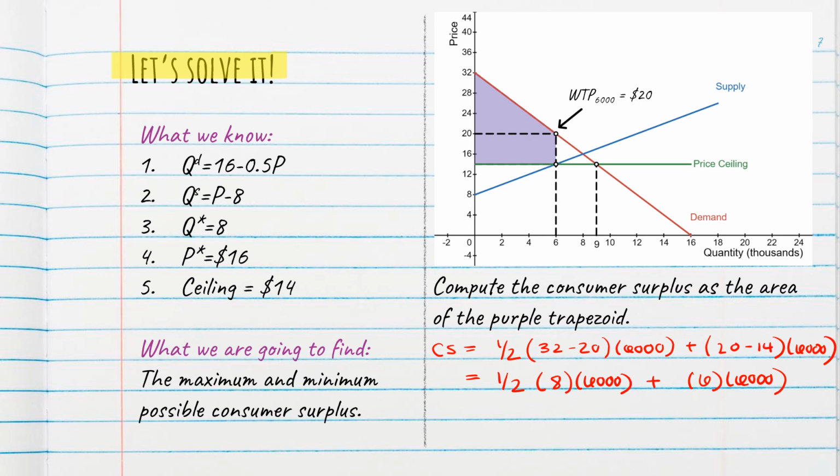If we plug this into a calculator, or do the math by hand, we get 4 times 6,000 plus 6 times 6,000. Well, that's 10 times 6,000, which is 60,000. So the consumer surplus is equal to $60,000 in the best case scenario.